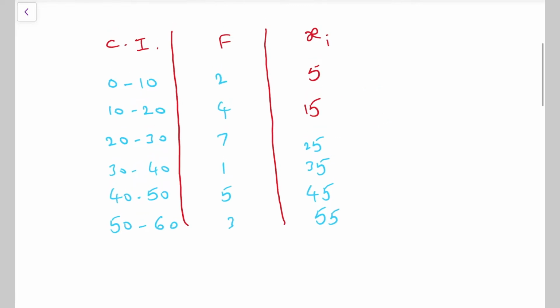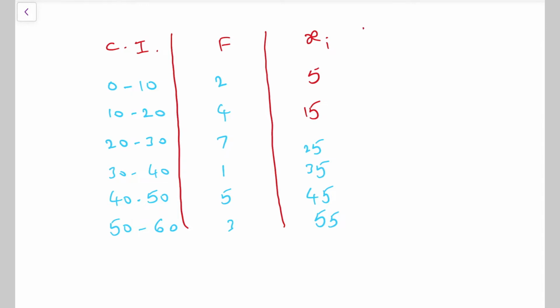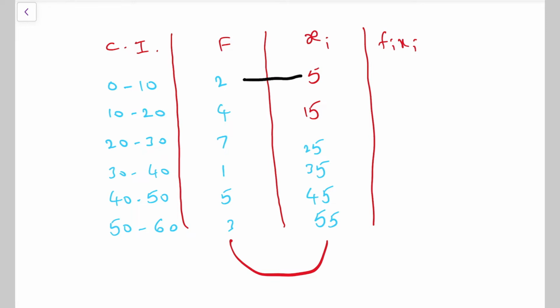Then fourth column, the final column, that is fixi. Second column and third column numbers we need to multiply and we need to write that answer in the last column. So let us write once. 2 into 5, 10.